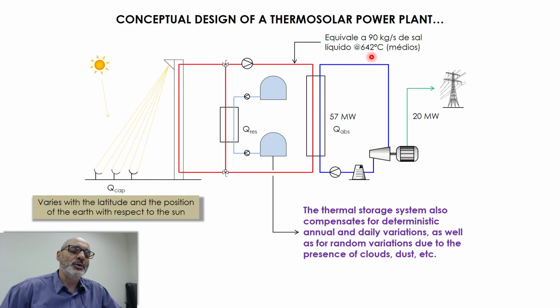Okay, you cannot achieve temperatures such as 642 degrees with those other types of collectors, trough collectors, and so on. You can achieve this with a dish, but this is typical of a sun tower, as it is shown here.